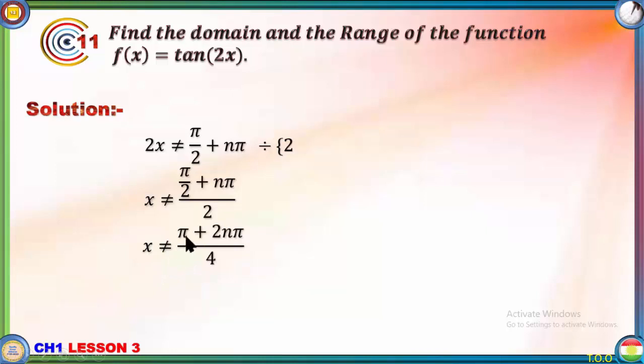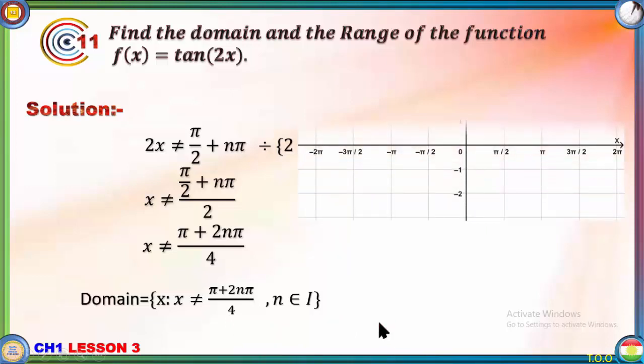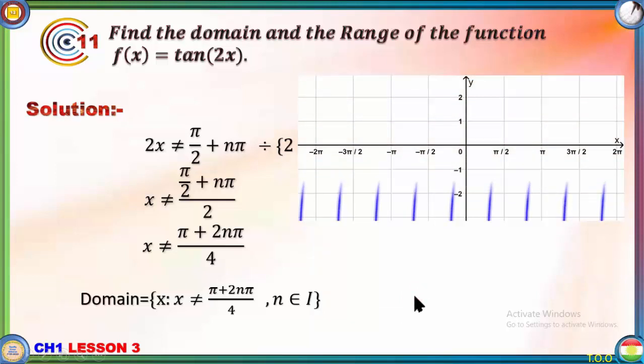Therefore, x is not equal to pi plus 2n pi over 4. Then the domain is all x when x is not equal to pi plus 2n pi over 4, when n belongs to the integer numbers. You can see here the graph of the function.